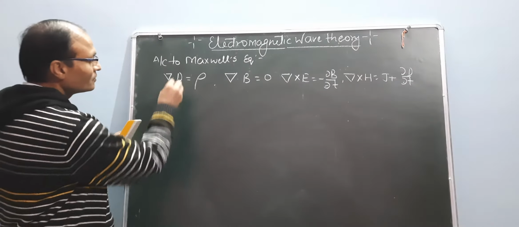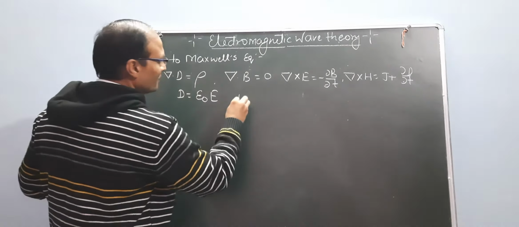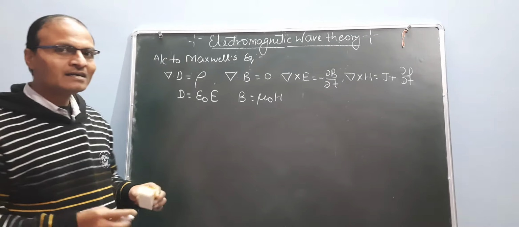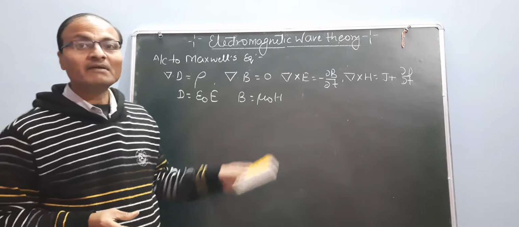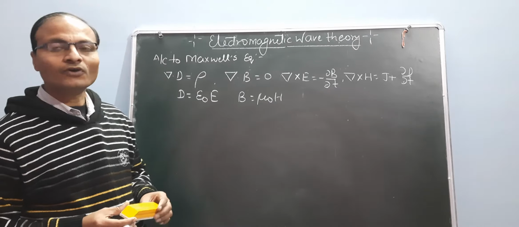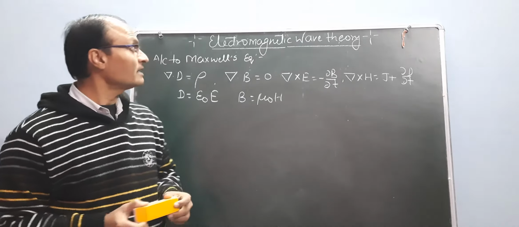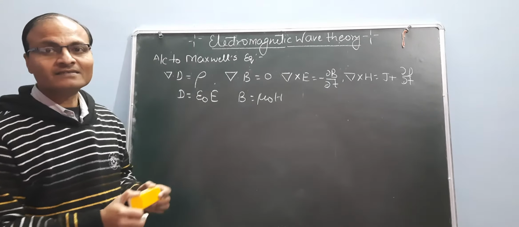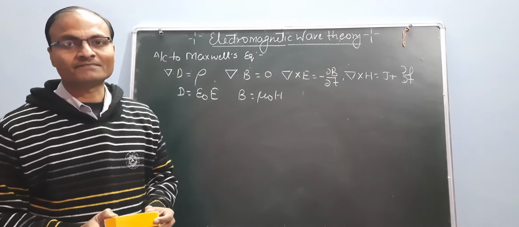So D equal to epsilon naught into E and B equal to mu naught into H. Epsilon naught is the permittivity of free space and mu naught is the permeability of free space. So in these four equations, we derive the electromagnetic wave equation in free space. In fact, free space behaves as a perfect dielectric.